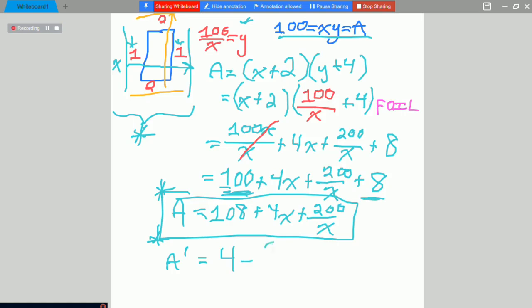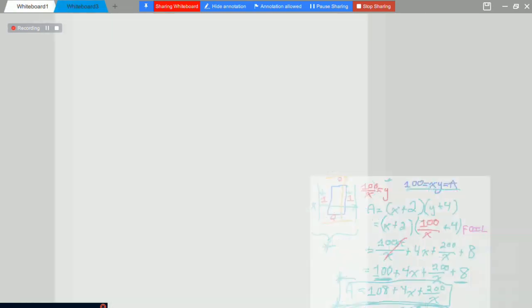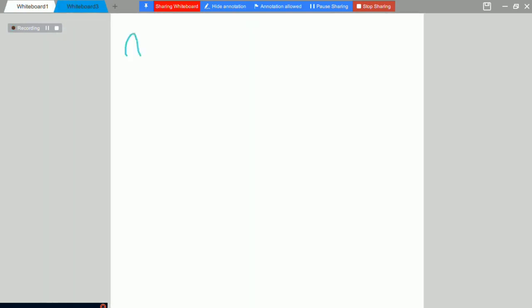And then we get a negative 200 over x squared. All right. This is what we're going to take onto the next page, this thing right here. So let's take that to the next page. So a prime is equal to 4 minus 200 over x squared. So why did I make a big deal about all of this?